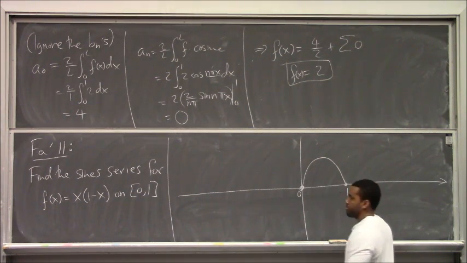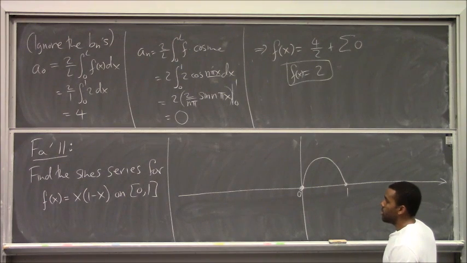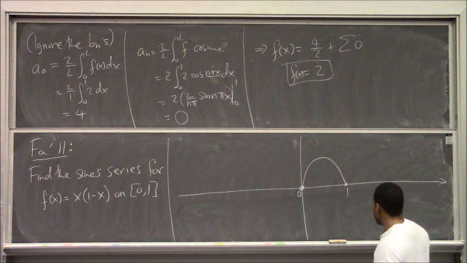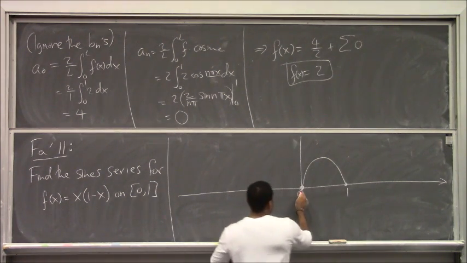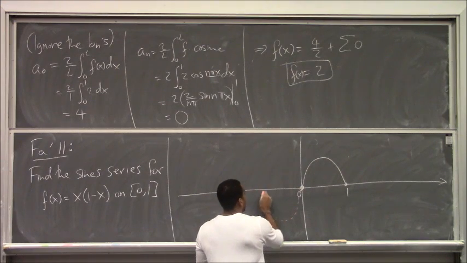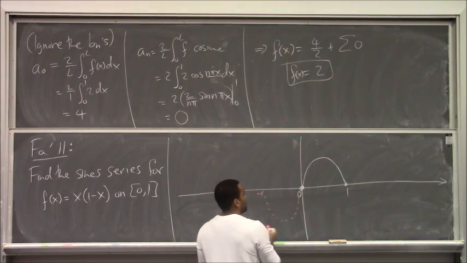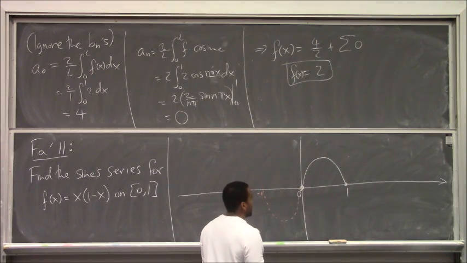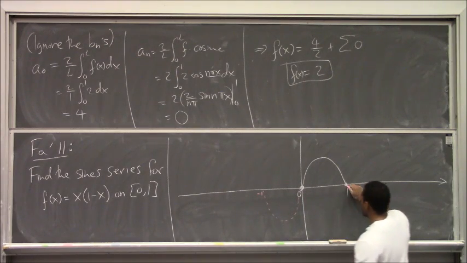And now it says find the sine series, which means it wants us to extend the other side to look like a sine function, though not exactly, and it is a polynomial after all.